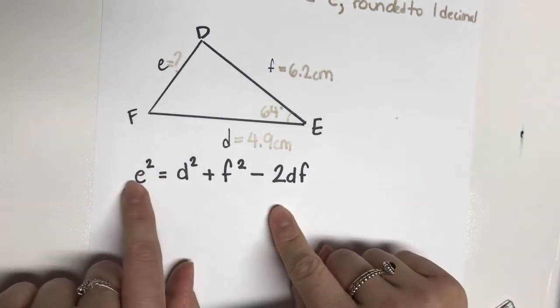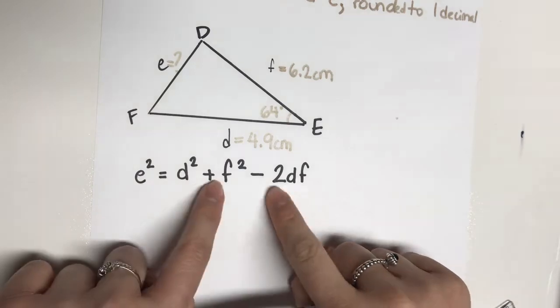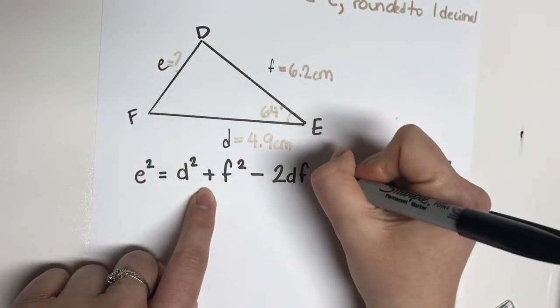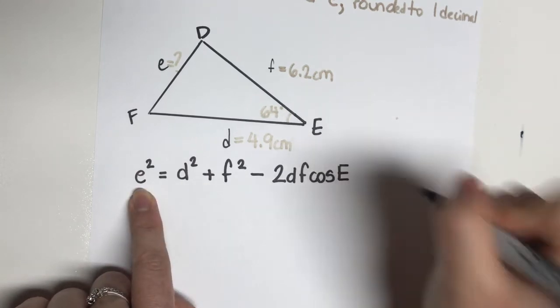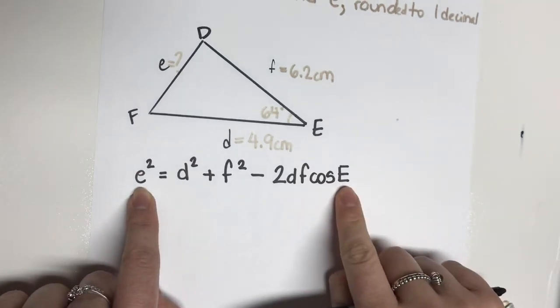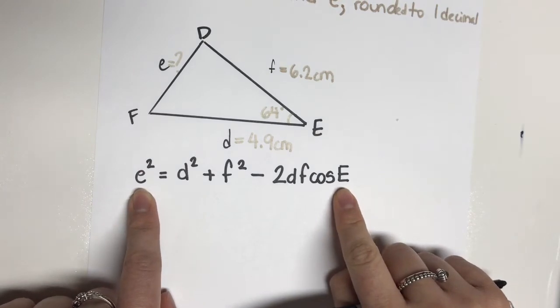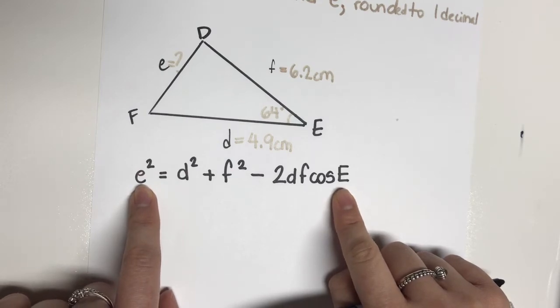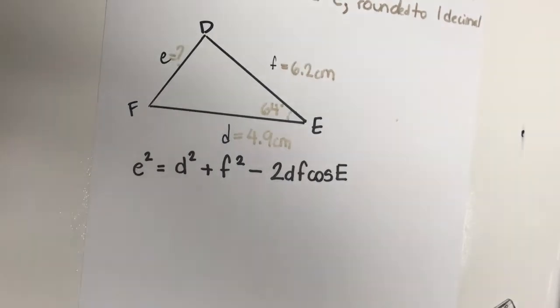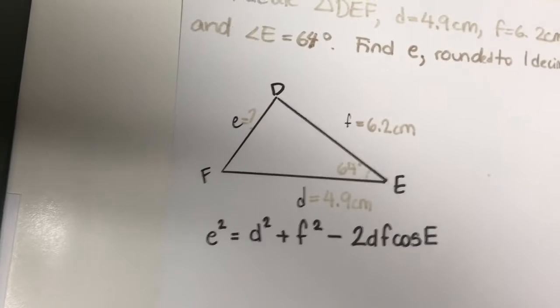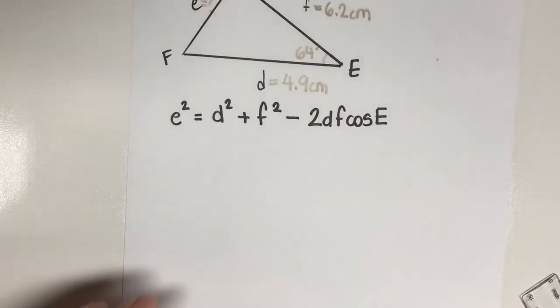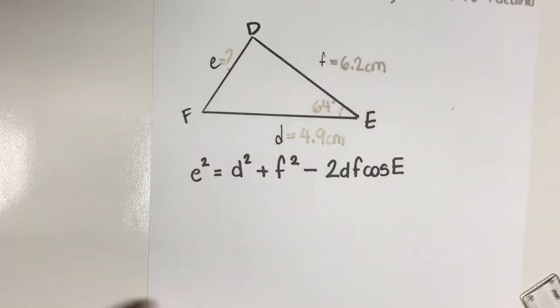So notice how I'm not using E. I mean, I don't even know it, but I'm using the other two sides that I do know. And then I'm going to put cos of E over here. So whatever angle relates to the side that I don't know is going to go over here. Okay, so that's why we have different variations of the same formula, because it just depends on what information you have.